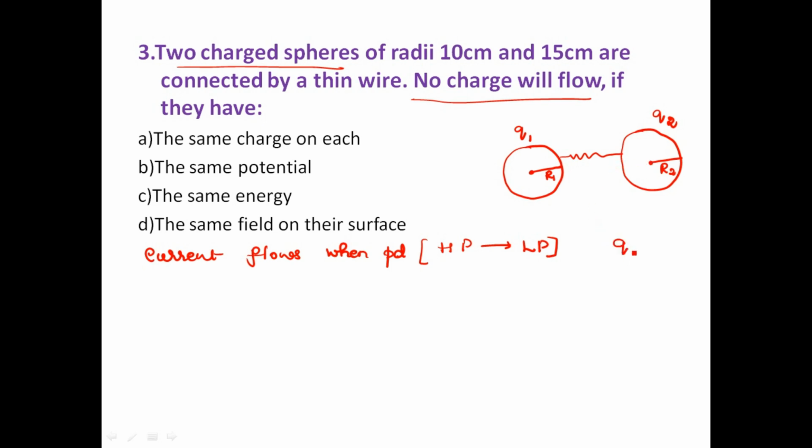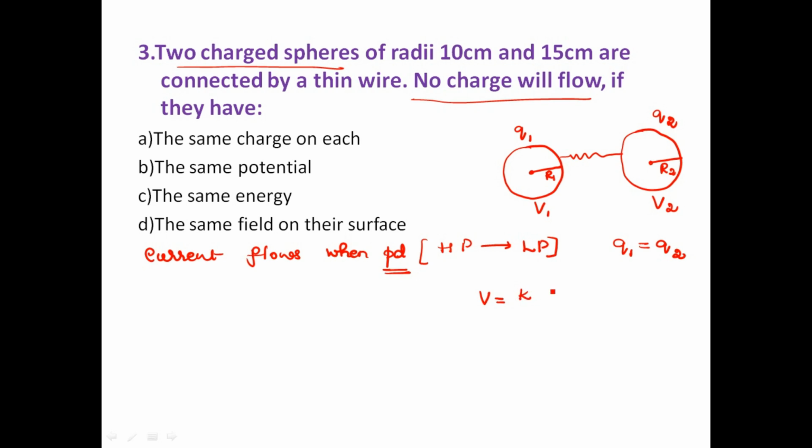That makes Q1 equal to Q2. Before that, I have already told that there should be difference in potential. Let us say the charges on them are the same. We'll also write the potential difference. The potential of this sphere is V1. Potential on this sphere is V2. What expression do we have for potential V?